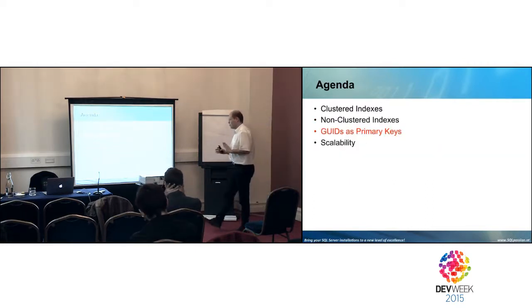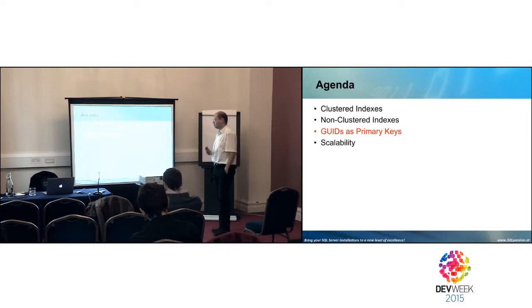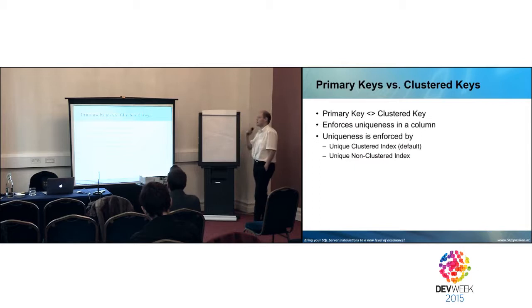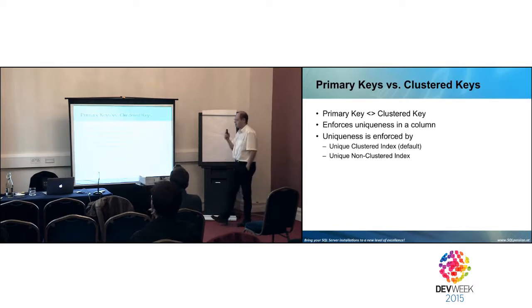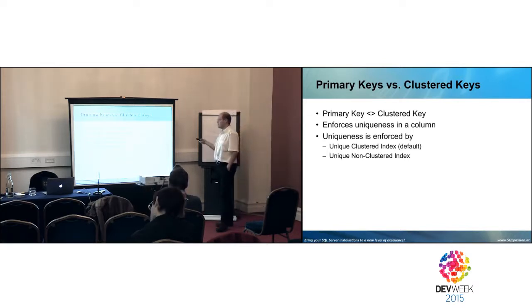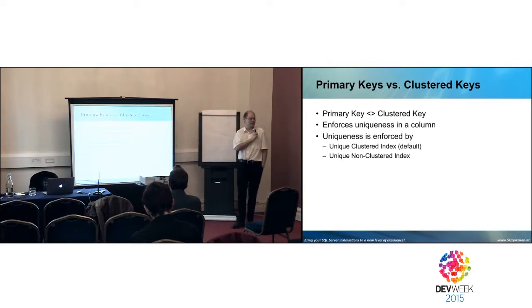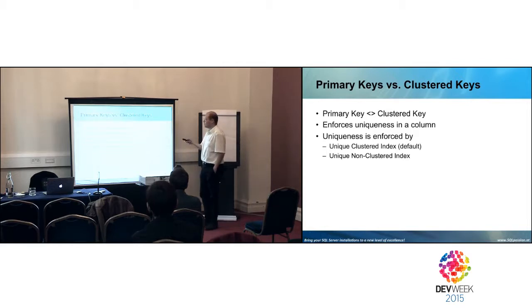Let's talk now more about unique identifier as primary key values. The first most important thing is that the primary key is not the same as a clustered key or clustered index. The primary key is a constraint on the logical level.